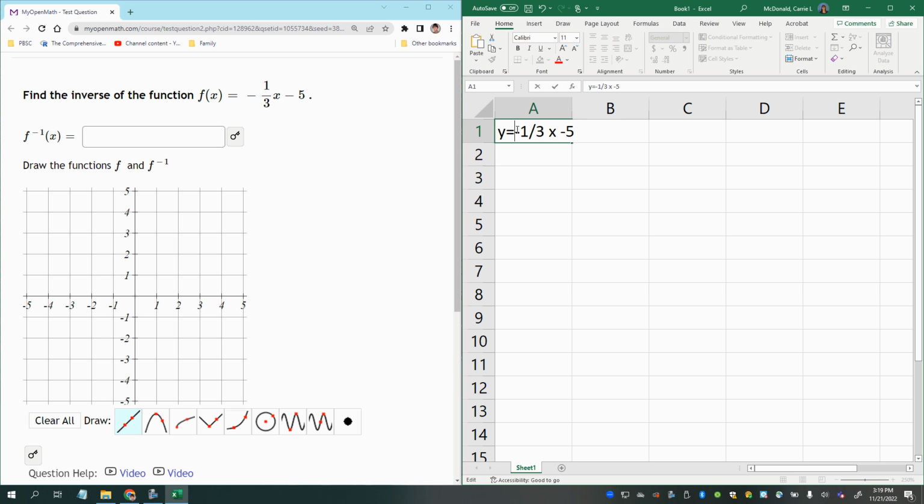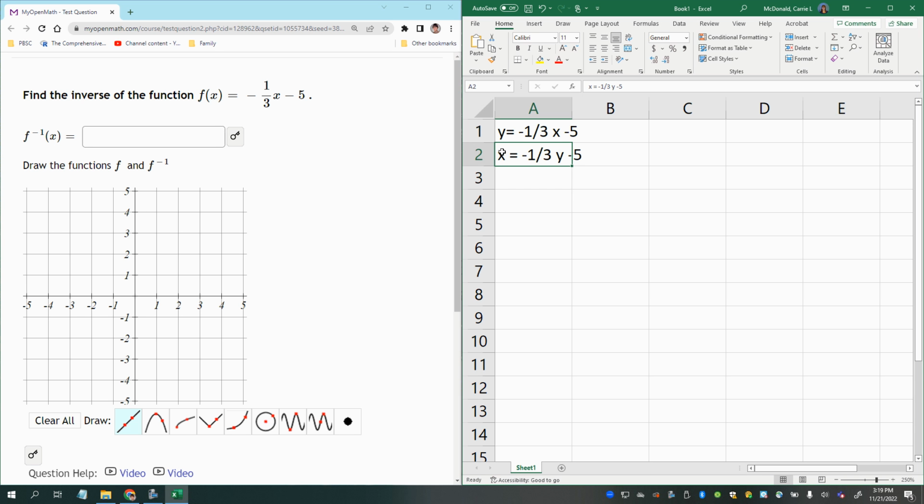And then we're going to switch the x and the y, like literally just swap their places, because the most basic thing to understand about the relationship between inverse functions is that their domain and range are opposite. So it makes sense to switch the x and the y's.